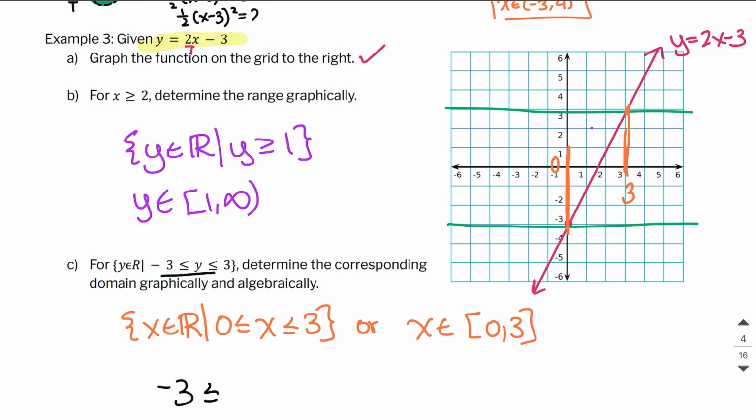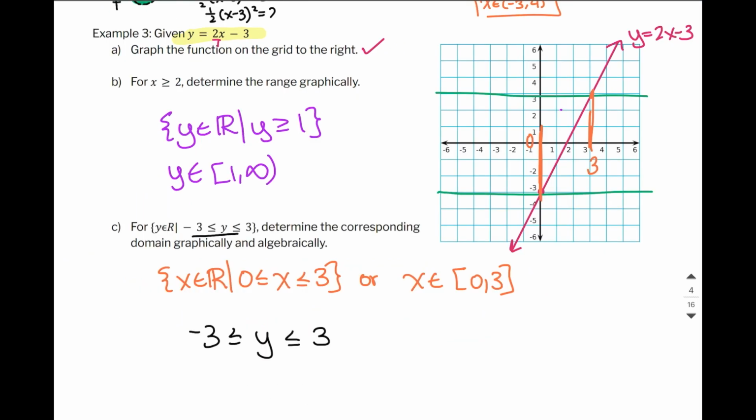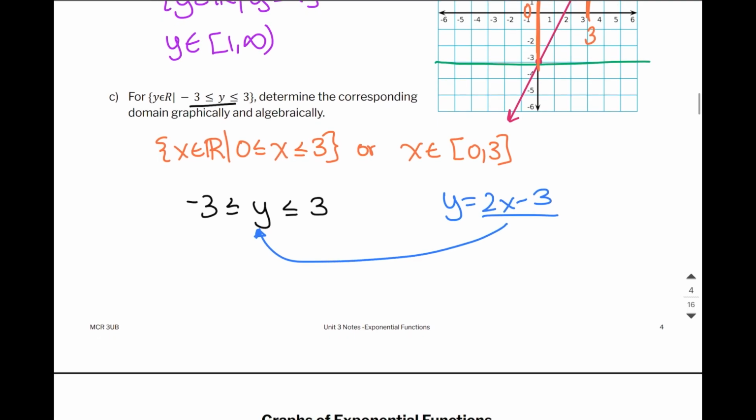So it tells us here that -3 is less than or equal to y is less than or equal to 3. And we also know that y is equal to 2x minus 3, like it tells us this right up here. So I can take this 2x minus 3 and sub it in for y right here.